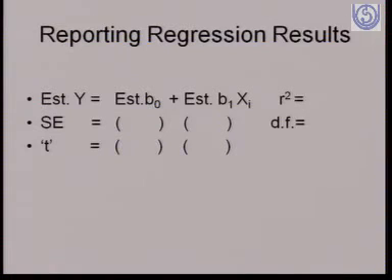Underneath estimate of b0, I've left two brackets, one for standard error of b0 and the other for t value of b0. Similarly, under estimate of b1, I have two brackets, one for standard error and the other for the t variable. On the side, I have left space for r square and degrees of freedom.